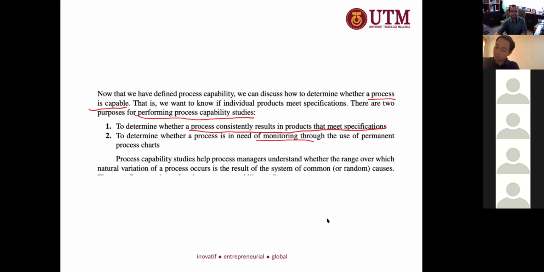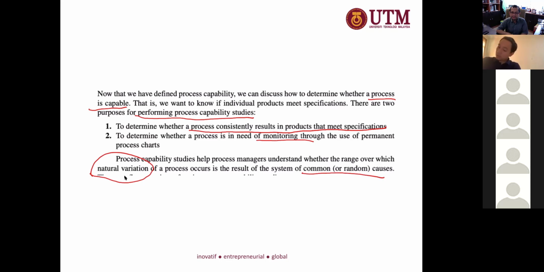So this process capability study will help us to understand whether the range over which natural variation in the process occurs is the result of the system common causes. What are the common causes?